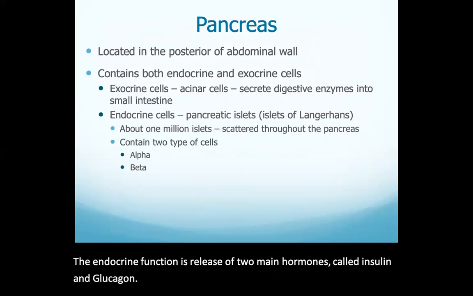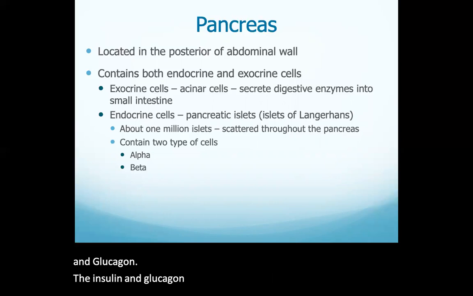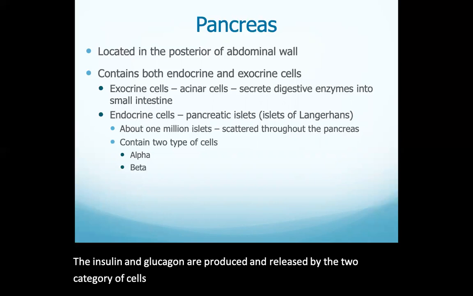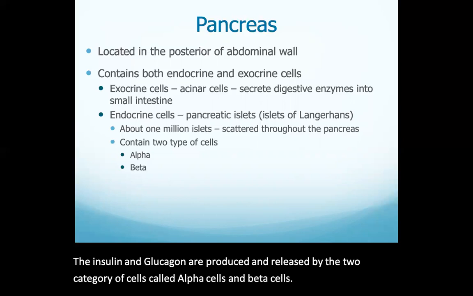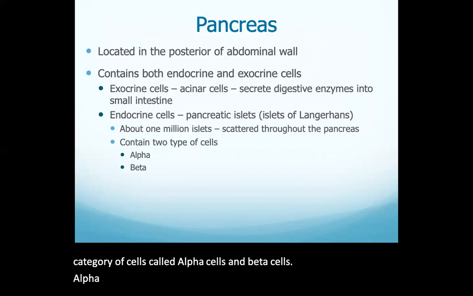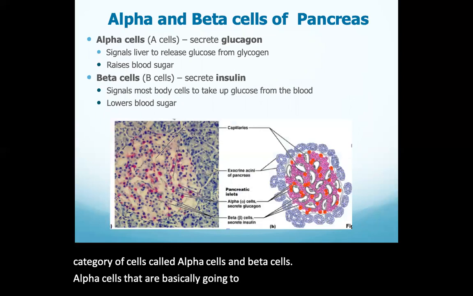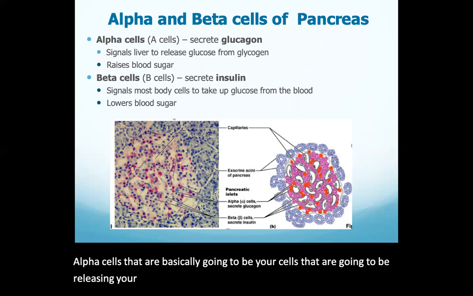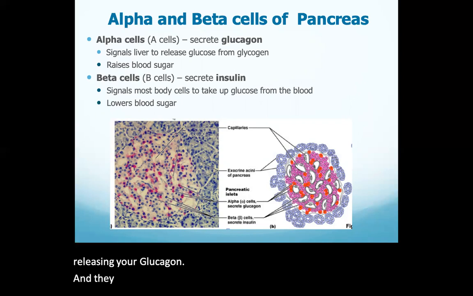Insulin and glucagon are produced and released by two categories of cells called alpha cells and beta cells. Alpha cells are the cells that release your glucagon. They are active and secreting glucagon when there is a decrease in blood glucose.